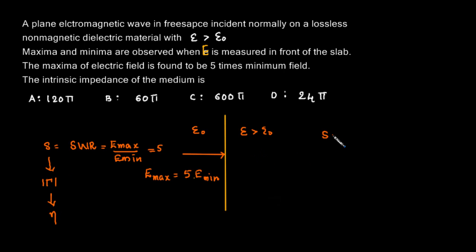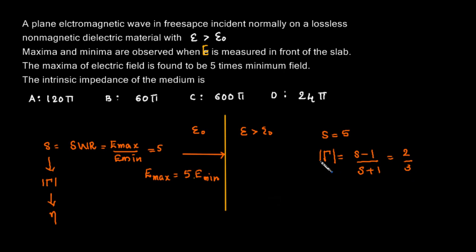So S is given as 5. Now from this we can find out the reflection coefficient gamma, as we will get the modulus of gamma as S minus 1 by S plus 1. That is 4 by 6, that is equal to 2 by 3.